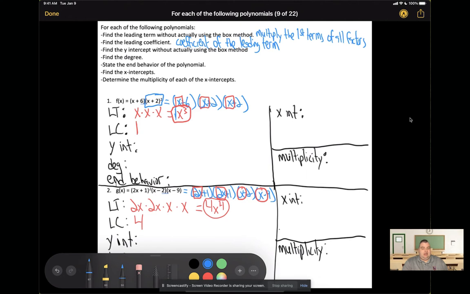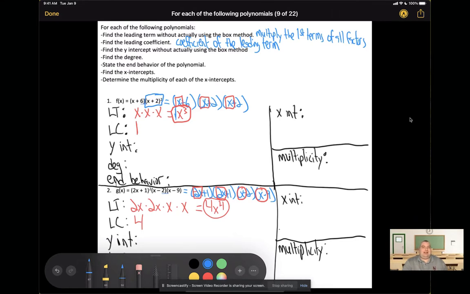Find the y-intercept without actually using the box method. Remember, we've talked about this in a past lesson. To find the y-intercept, we look at the constant term of a polynomial.